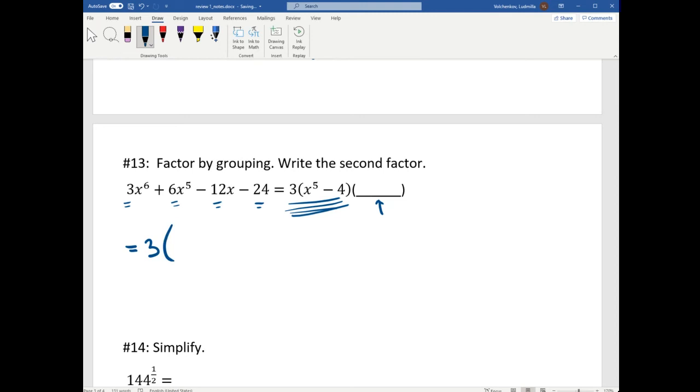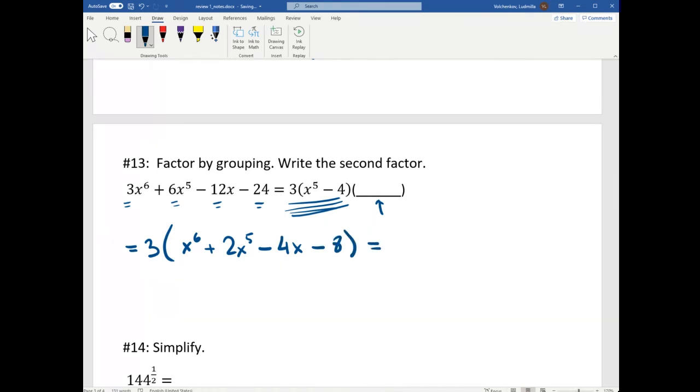So we divide each coefficient by 3. It will be x to the 6th plus 2x to the 5th minus 4x minus 8, since 12 divided by 3 is 4 and 24 divided by 3 is 8.